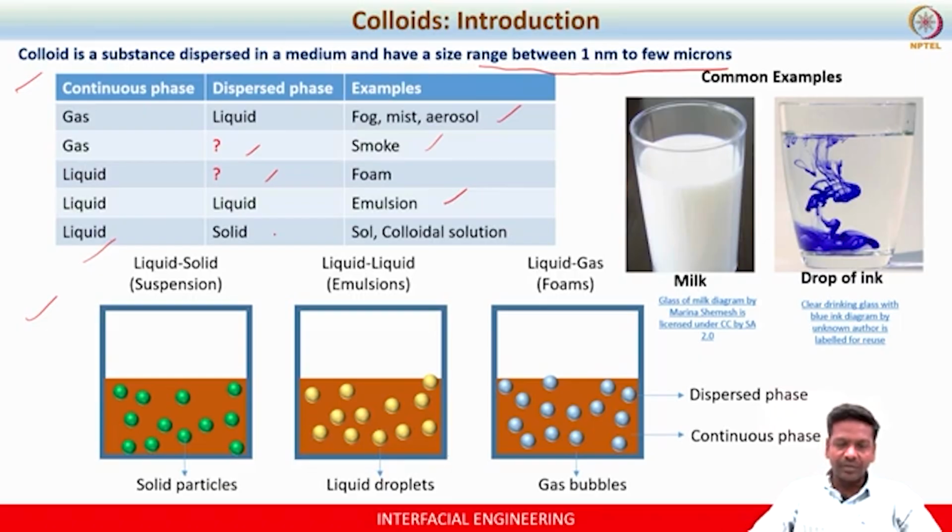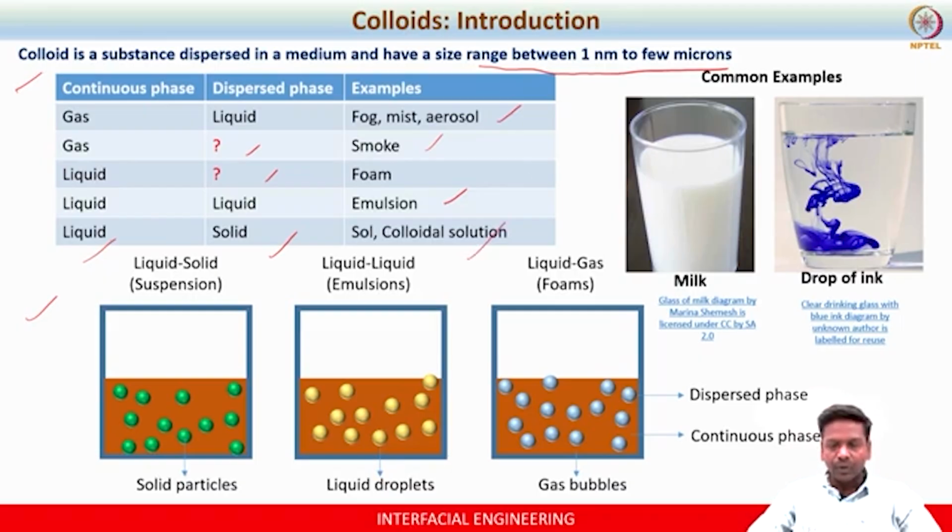In such a case you can still put this system under the liquid solid interface systems. This is a good example of a colloidal solution, where you have a continuous phase which is a medium, and the dispersed phase is a solid, which is nothing but the colloidal particle. A good example is the dispersion or colloidal solution.